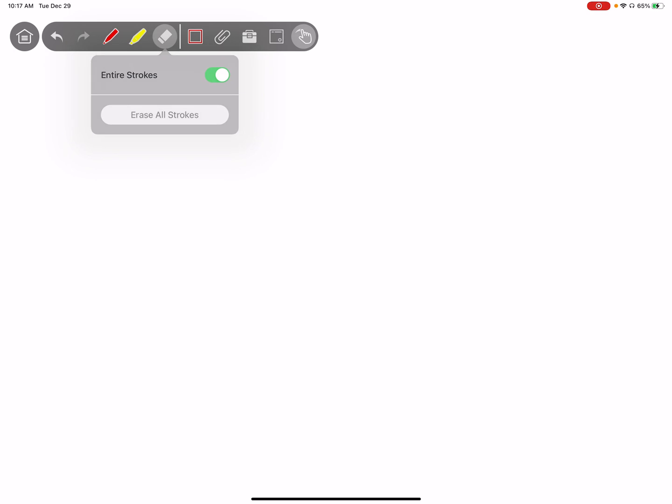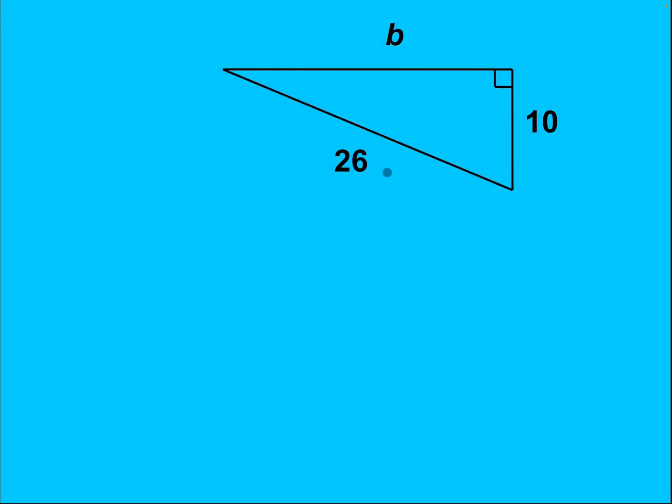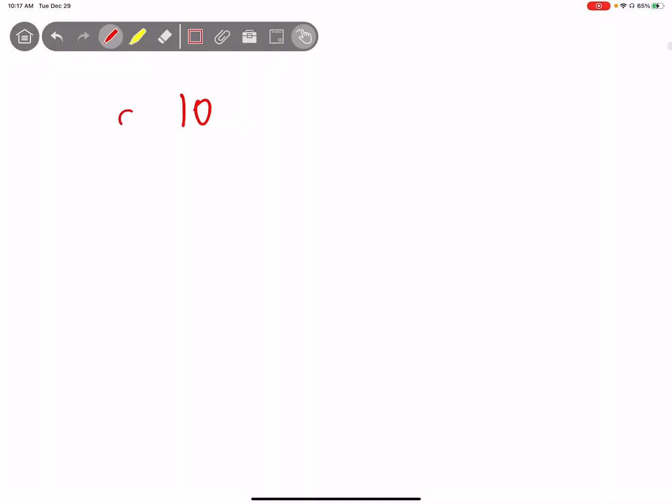So in this one we have one leg, which is 10. And notice that 26 is not the other leg. 26 is across from the right angle, which means that 26 is the hypotenuse. So I can tell you that A equals 10. We don't know what B is, and C equals 26.